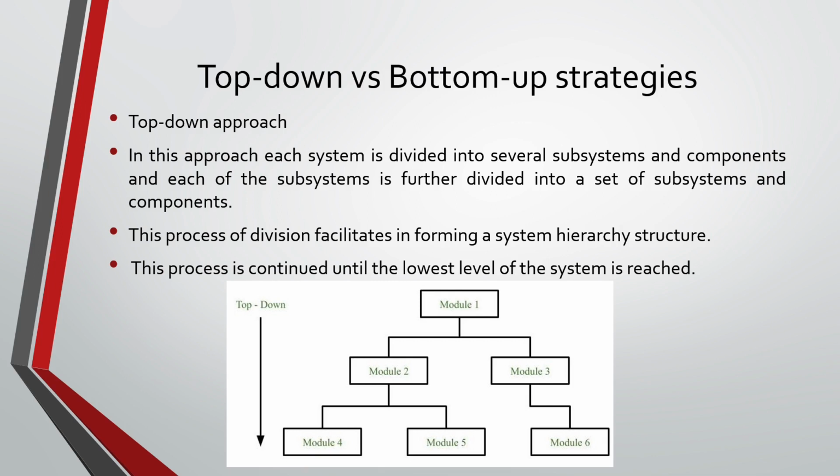This process of division is to facilitate forming a system hierarchy structure. The process is continued until the lowest level of the system is reached. The system is started initially by defining the system as a whole, and then keep adding definitions of the subsystem and components. When all the definitions are combined, it turns out to be a complete system.